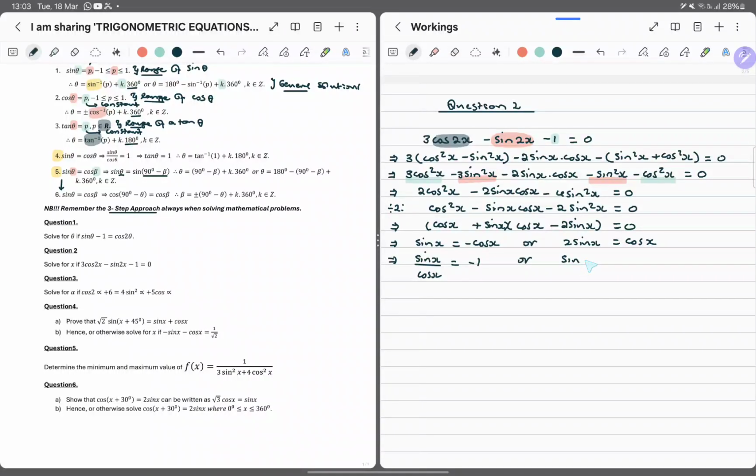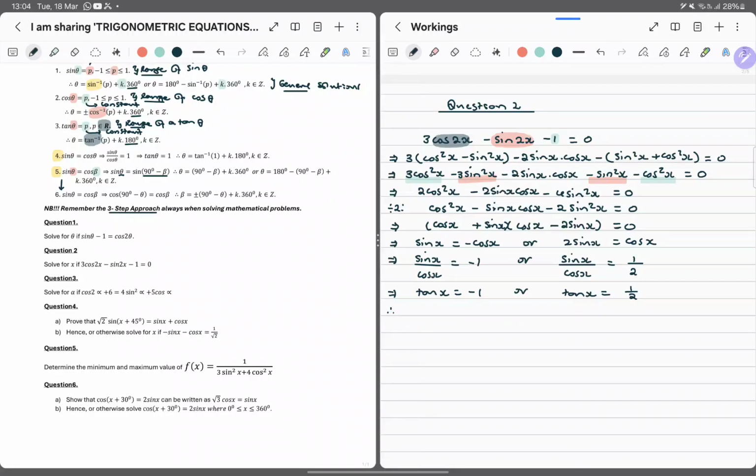So this is going to end up looking like sine x over cos x is a half. Alright, now we know that this is going to be tan x equals minus 1, or tan x is a half.